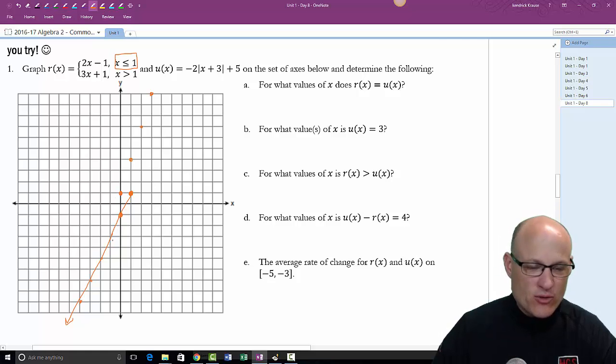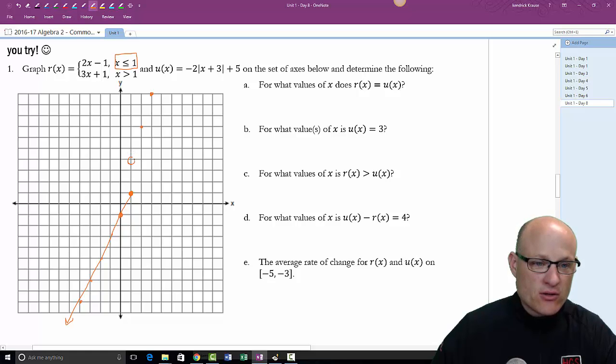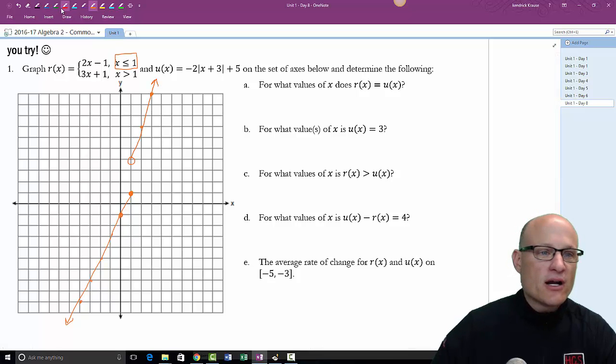I could go down 3 over 1, but I don't need those. In fact, I don't even need this point right here. I just needed that as a reference. It said greater than 1, so what I need at 1 is an open circle. So instead of a closed circle, I need that as an open circle, and I'm going to go in that direction.